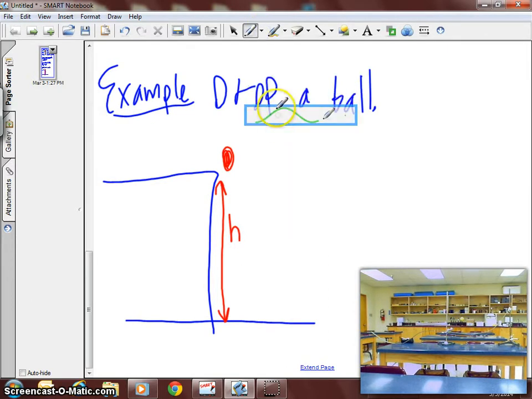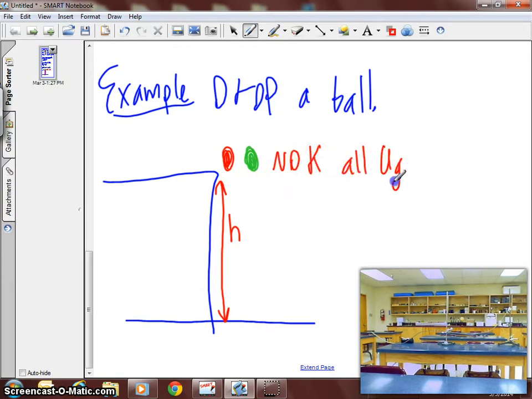So if I take and make another copy of the ball, at this moment it has no kinetic energy, all gravitational potential energy, and as it falls, now you can see that we have both kinetic energy and gravitational potential energy, but you notice that kinetic energy is increasing at the expense of gravitational potential energy.